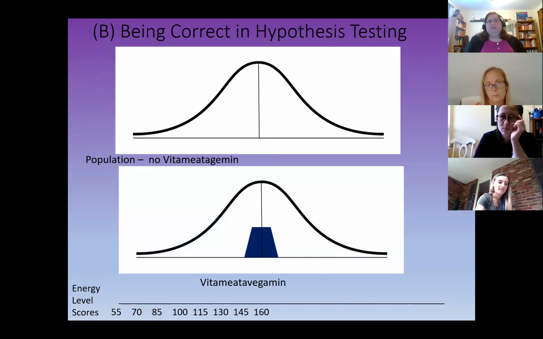And again, if this is what the population actually looks like, if my sample and population look the same, then great, I made a correct decision in not rejecting my null.